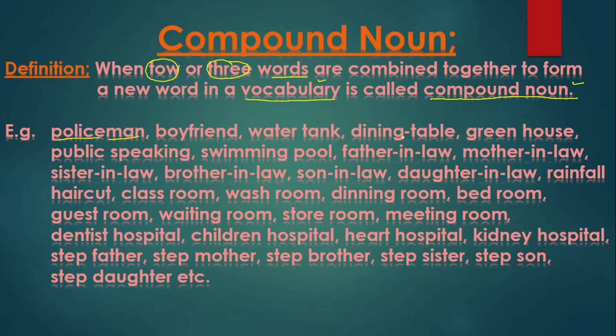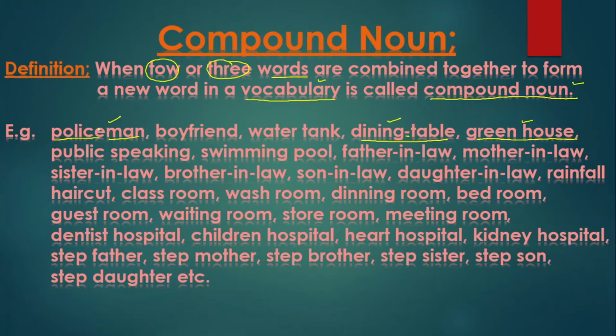Like this, hyphen is used in between. This is the second method. And number three, you bring the space between the two words, like dining table. So these are the three ways to write them: policeman together, or dining table with a space, and greenhouse.